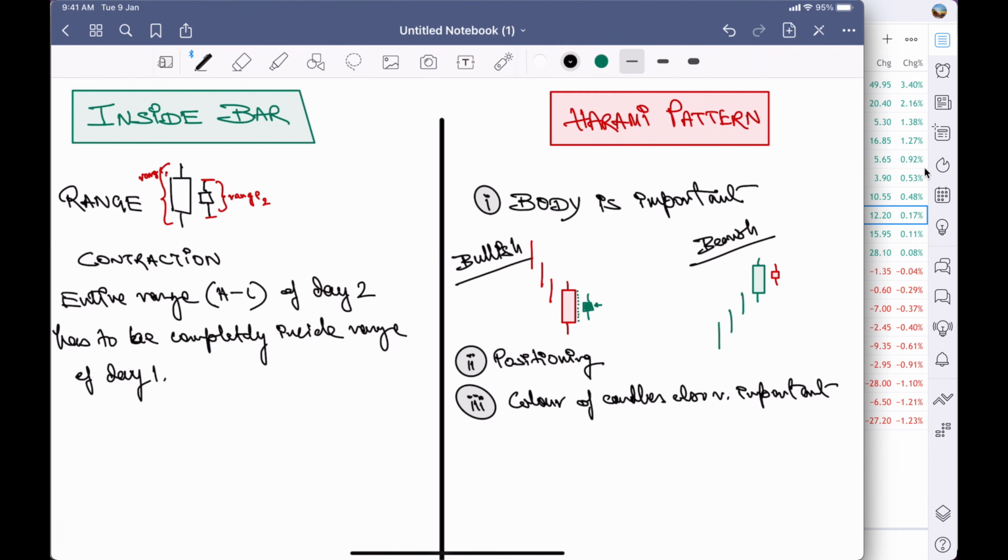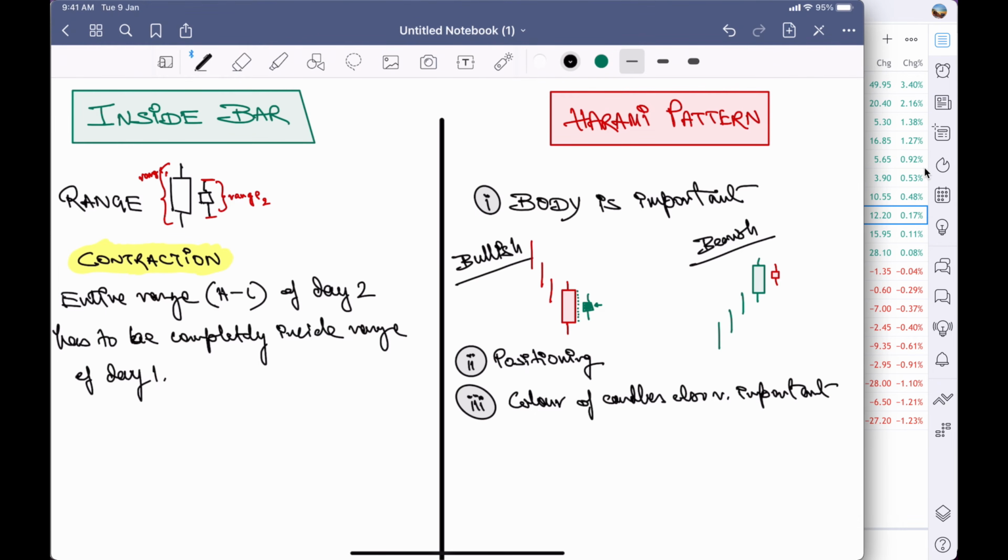Nevertheless, for those who trade the inside bar or the bullish bearish Harami pattern, the key aspect is this contraction. The range is contracting, or the body is smaller, which essentially means that the market has slowed down and is likely to give a move.